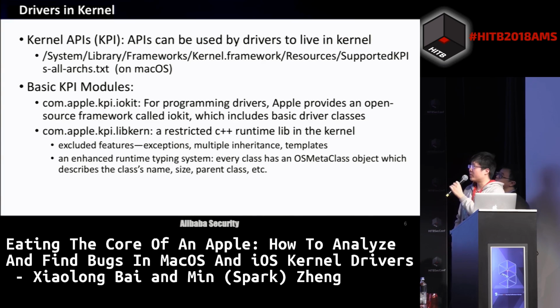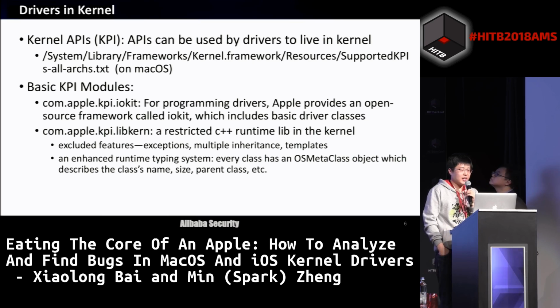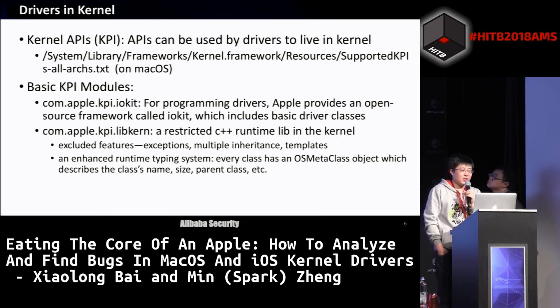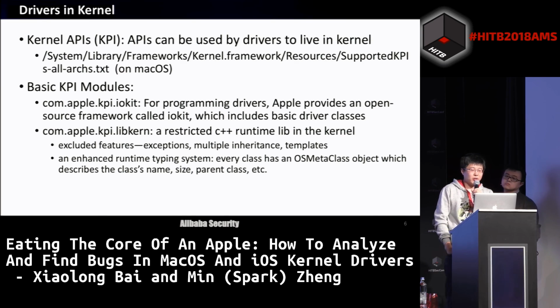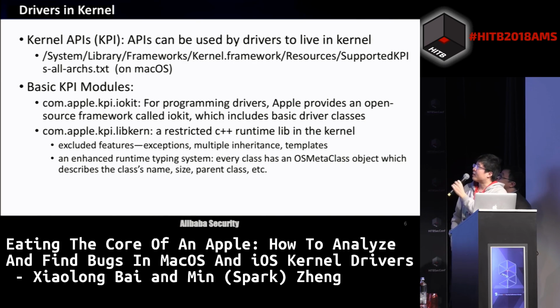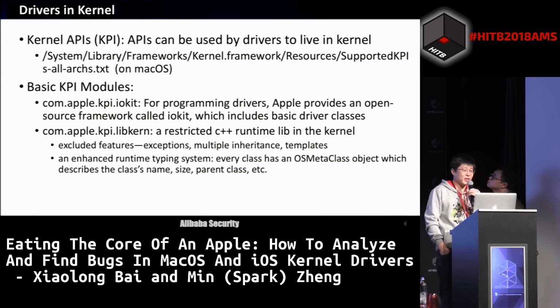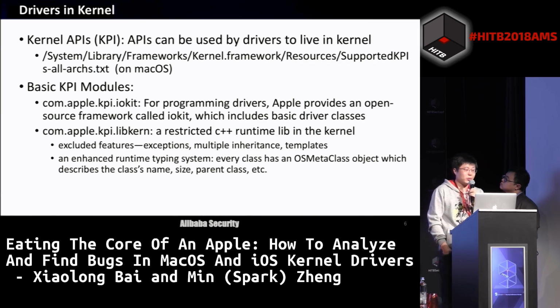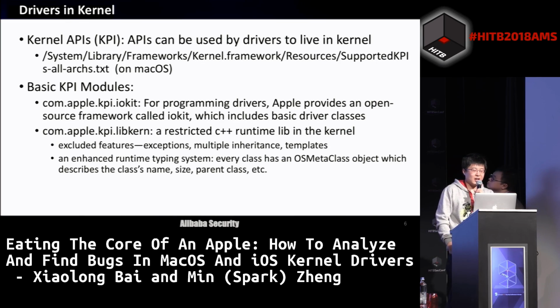For drivers to communicate with the kernel, they can use kernel APIs, also known as KPI. For the KPI list, you can find the KPI list on macOS in this path. KPI also provides some basic models. For example, KPI iokit provides an open source framework called IOKit, which includes some basic driver classes.